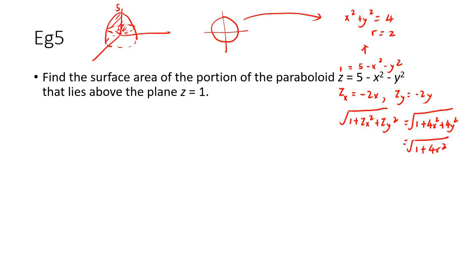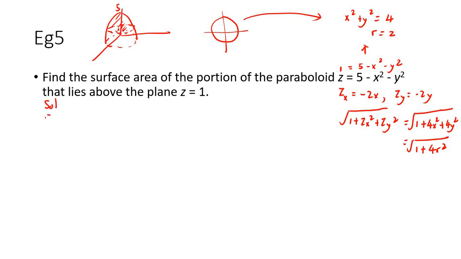So similar to example 3 and 4. And again the projection of region R is circular, so we use polar coordinates. That's why x squared plus y squared changes to r squared.